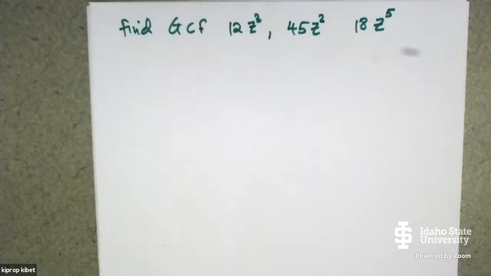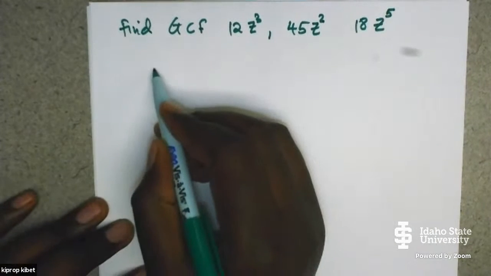What is our greatest common factor? So the smallest here is what? This one. So if I start by looking at the smallest here, then what is the greatest that can divide 18, 45, 12? So you can just see it without using the steps. But for you not to make any error, you need to write them in that column form.